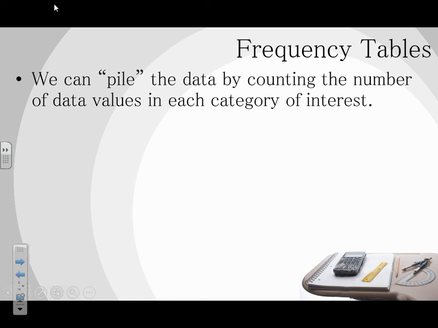Now, as far as presenting data, this is not always the best choice. If you have just a few categories that you're working with, so this is going to be with categorical data. Okay, so that's one thing you might want to note on here. Frequency tables are for categorical data.